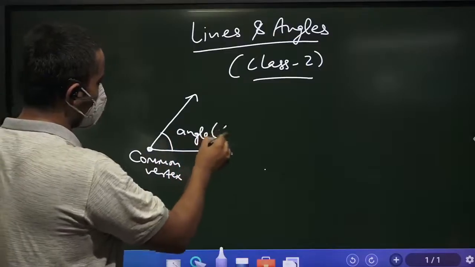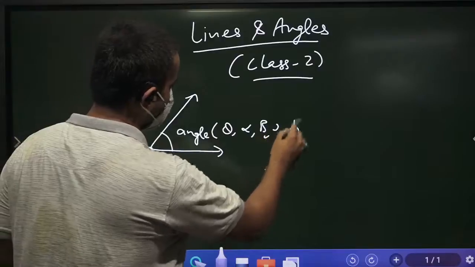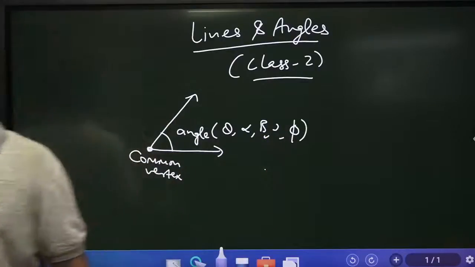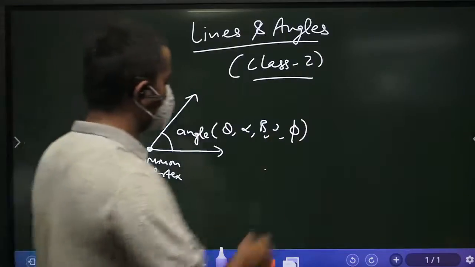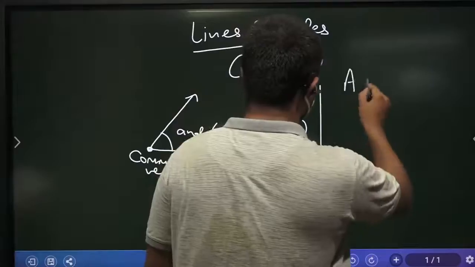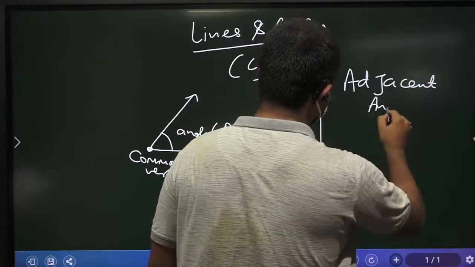It can be represented by theta, alpha, beta, gamma, phi, etc. After that we discussed all types of angles, and on supplementary and complementary angles we discussed the questions. Now some more angles today I am going to discuss with you, and after that we are going to cover that assignment, that is adjacent angles.